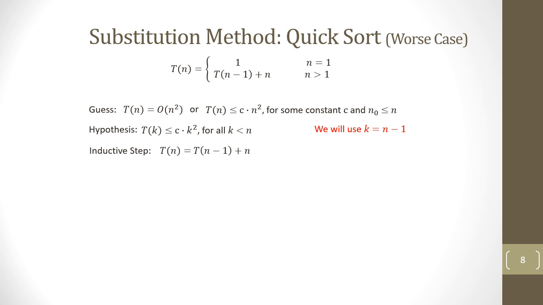So in the inductive step, let us plug in the hypothesis in our recurrence equation and solve. So we get c n square minus 2 c n plus c plus n. Recall that c and n should always be positive.